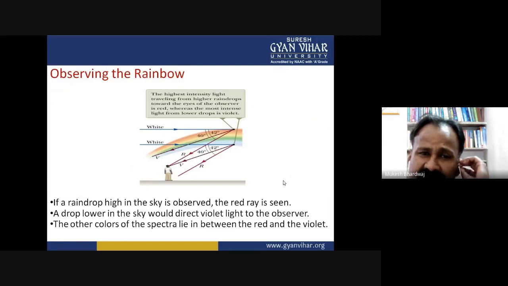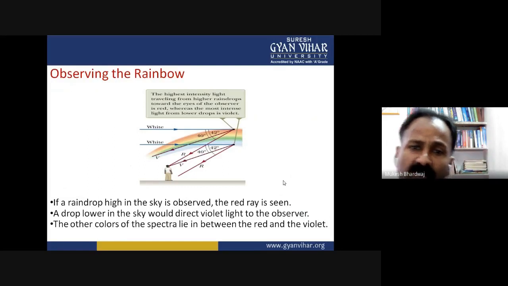While observing the rainbow, the highest intensity light traveling from higher raindrops towards the eye of the observer is red, whereas the most intense light from the lower drop is violet.